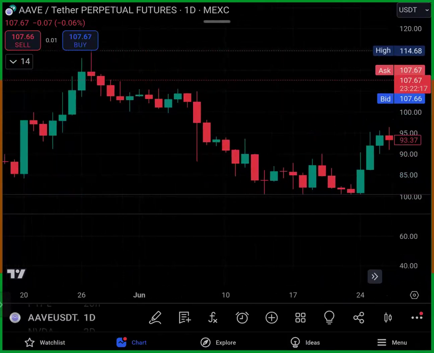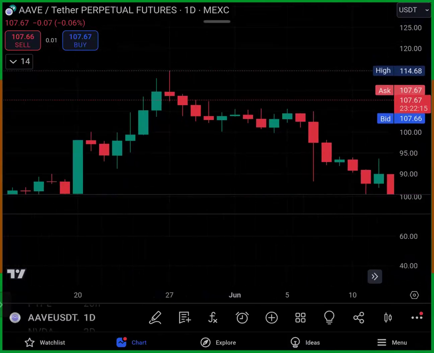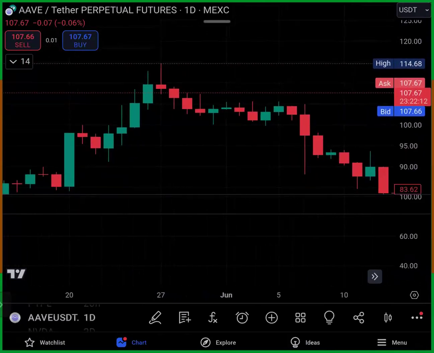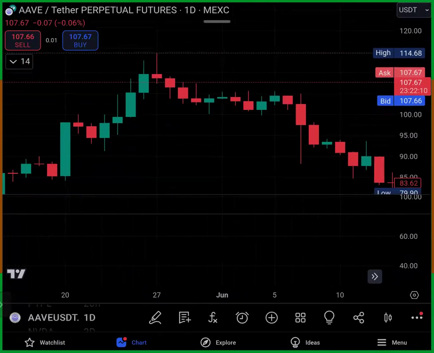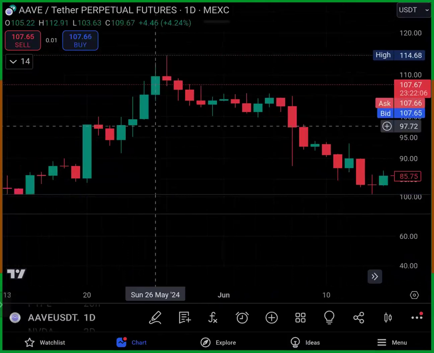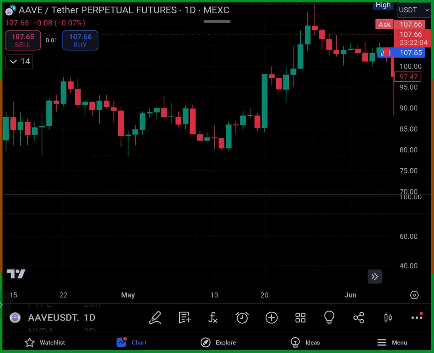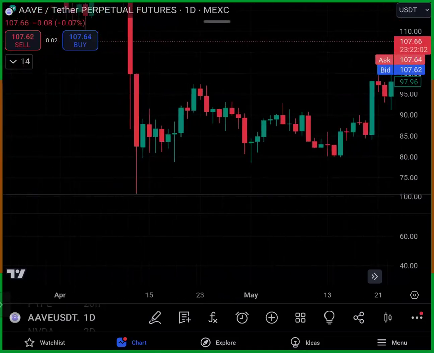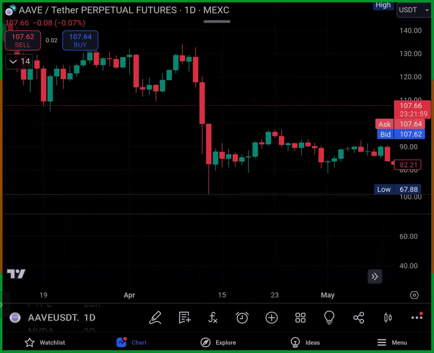And here goes the gravestone doji right here. Well, no, actually, that's not a perfect gravestone doji, but it has to have like a thin body, but it's not always going to be perfect. But let me try to find a perfect gravestone doji.